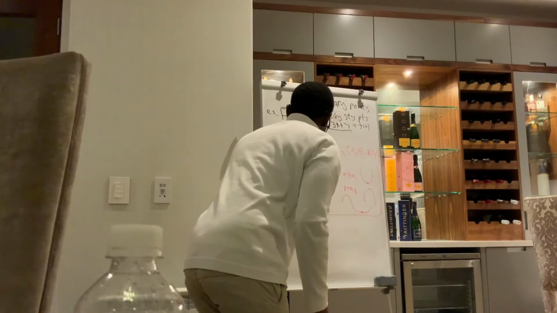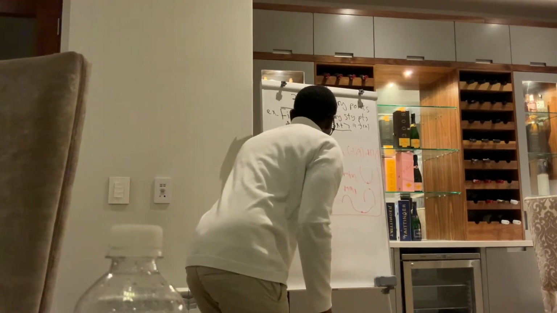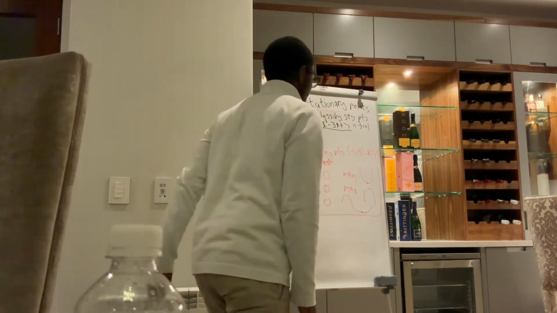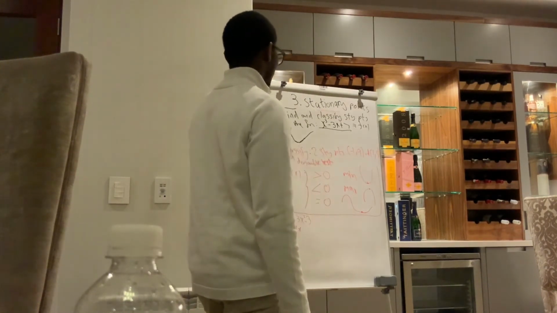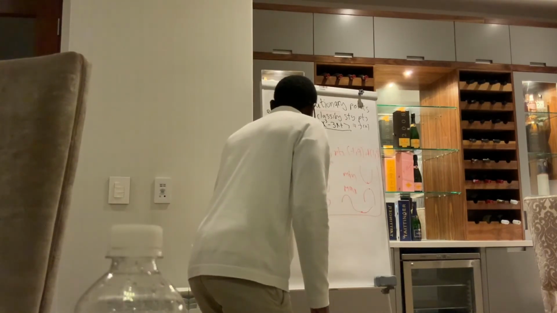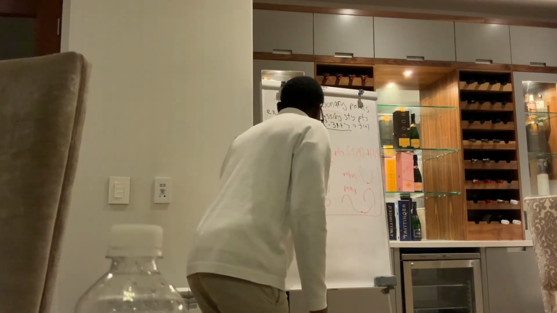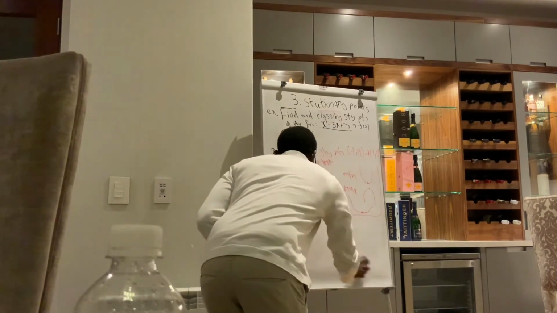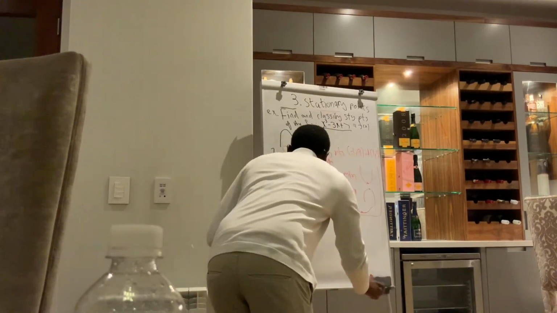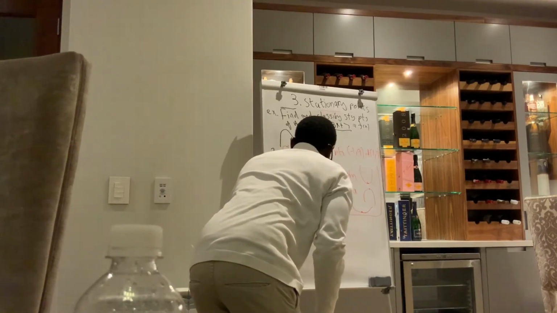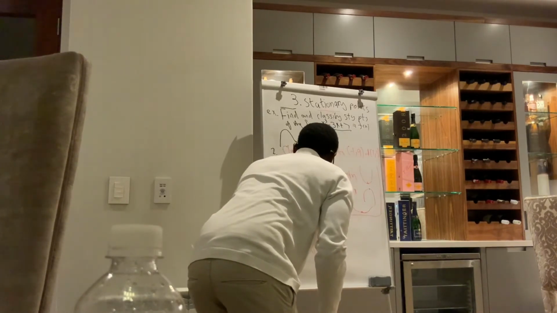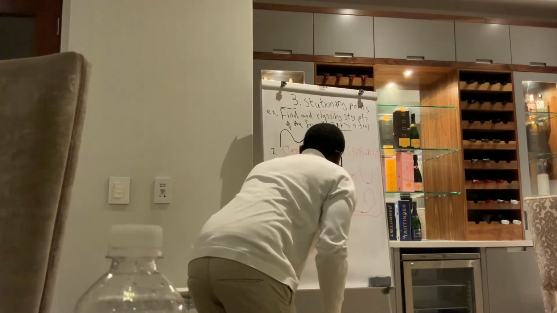Therefore, the second derivative of x is just 6x. So if we evaluate that at the point -1, the second derivative at -1 is negative. Therefore, the stationary point -1, 5 is a local maximum.